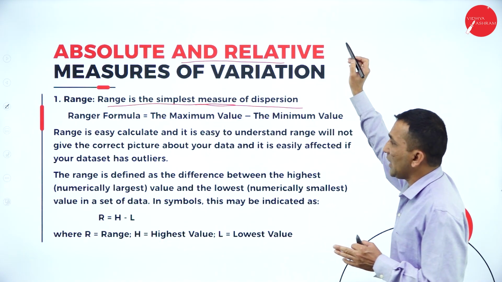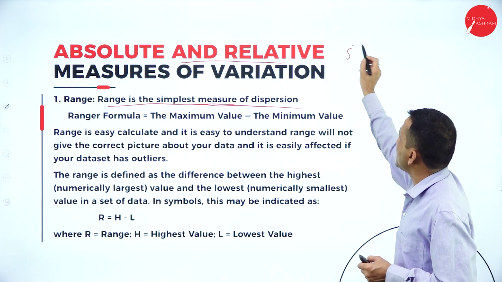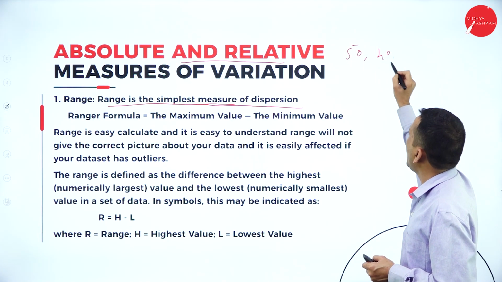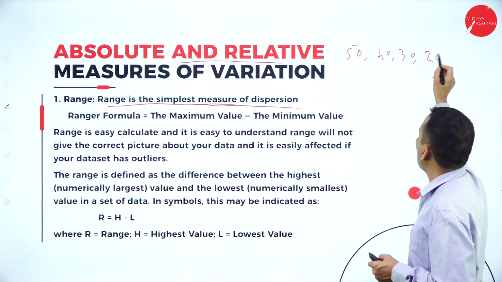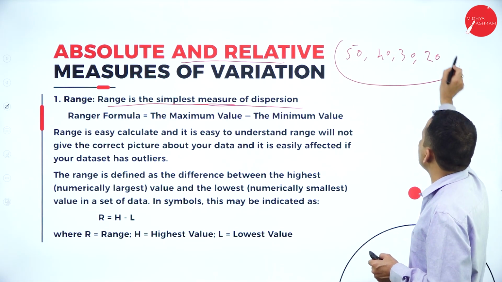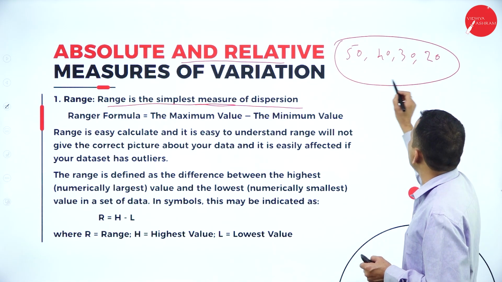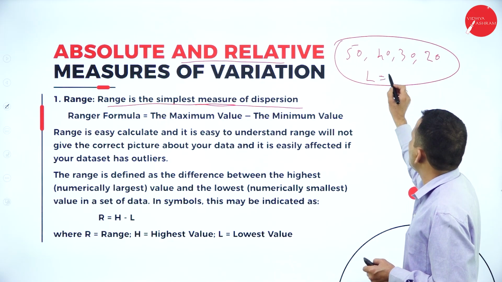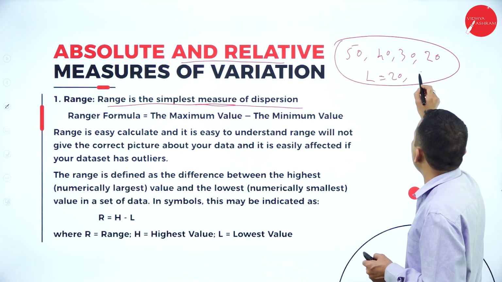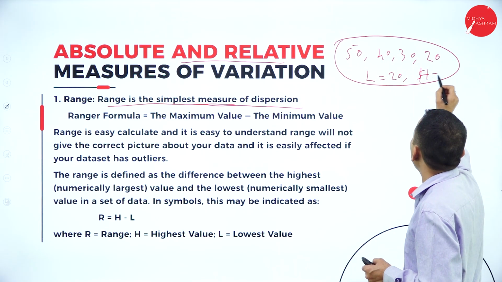The data set, whatever is given, for example the data set is given as 50, 40, 30 and 20. From this data set we choose the lowest as L, L equal to 20, and the highest as H, H equal to 50.